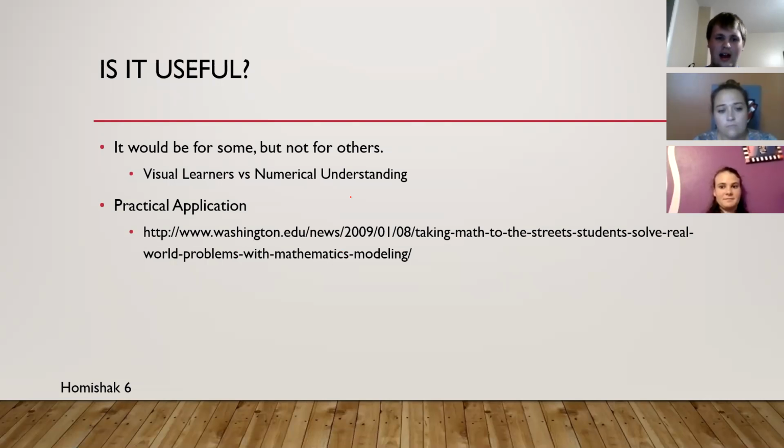Now, I have the link for you here, so if you write it down and put it on your browser, you can actually read it yourself. And matter of fact, I might actually encourage you to think about it, and maybe if you have the time or need to do it for a class, you could think about this and come up with your own model to help solve any issues that you might have in the community.